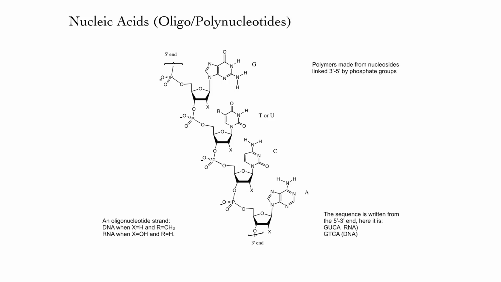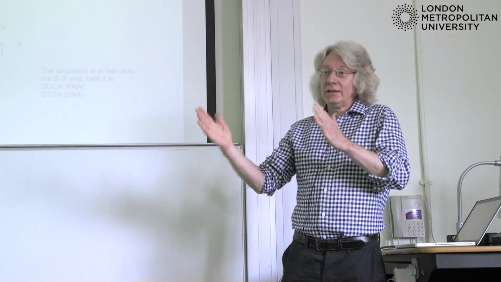Oligo or polynucleotides, as you can see, are linked via phosphate. We've got phosphates linking the two, linked 3' to 5' in both DNA and RNA, and the sequence goes from the 5' end to the 3' end. So when you see a sequence written down in a textbook, the left-hand end is the 5' end and the right is the 3' end.